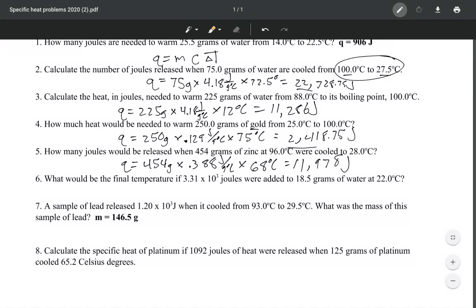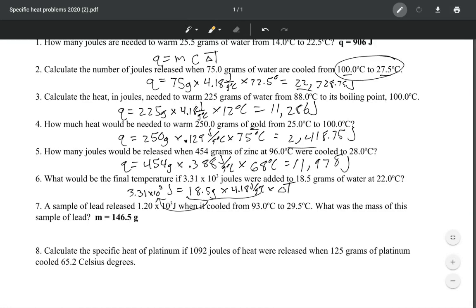In problem number 6, it's wanting to know what a final temperature is. So they're giving us joules, 3.31 times 10 to the third joules. And then we have 18.5 grams of water, so its specific heat is 4.18. And we don't know the temperature change. We know what temperature we're starting with. So we're solving for delta T. To do that, we're going to take these two numbers and divide them into the 3.31 times 10 to the third.